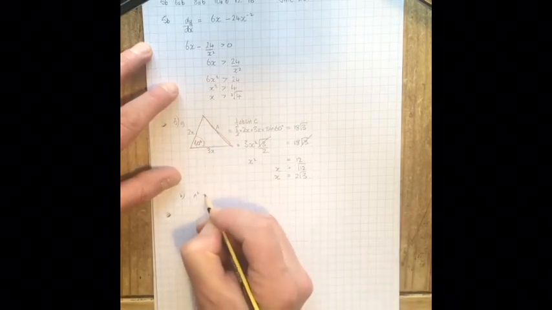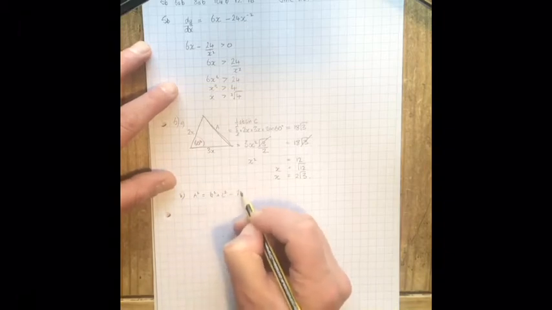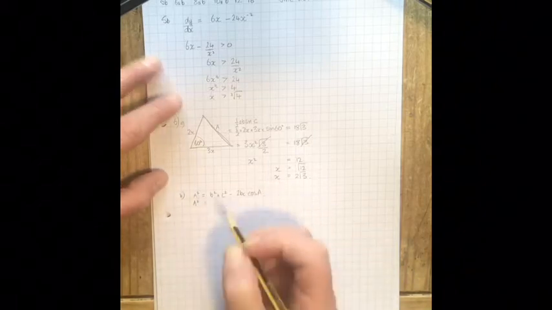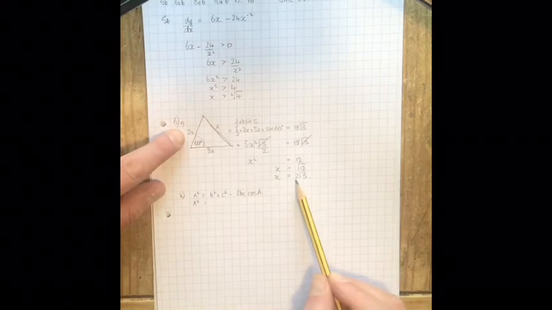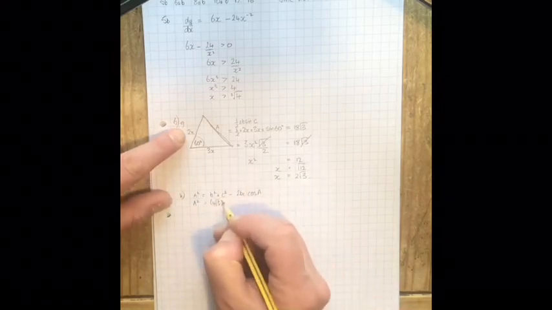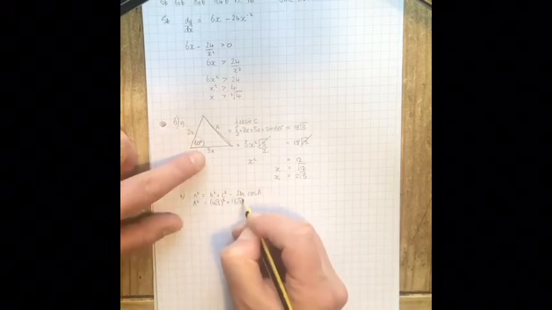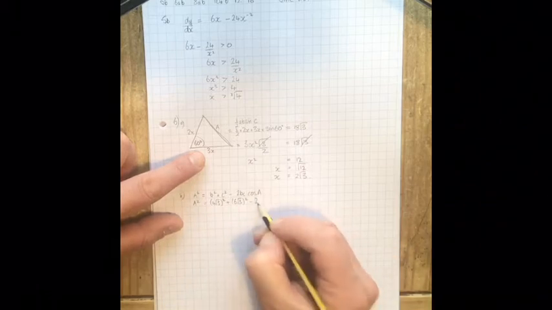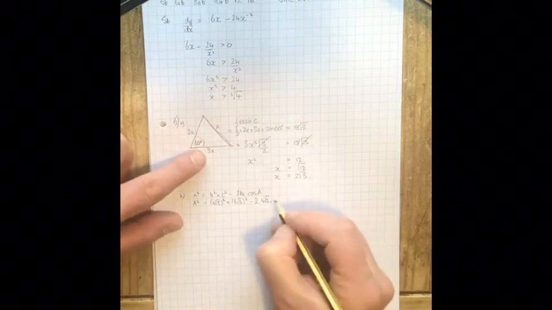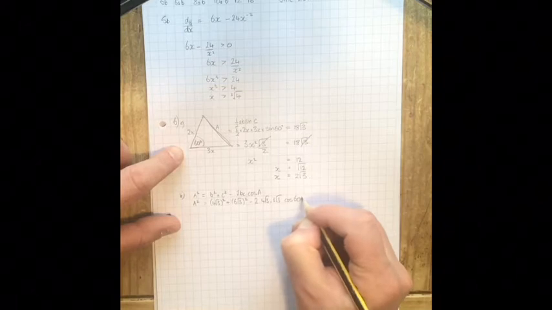So A squared equals B squared plus C squared minus 2BC cos A. So A squared equals, well, if x is 2 root 3, then 2 of that is 4 root 3 squared, plus this one, which would be 6 root 3 squared minus 2 times 4 root 3 times 6 root 3 times cos of 60.